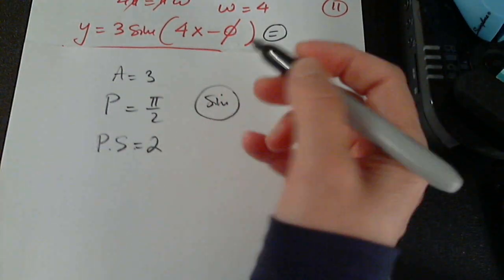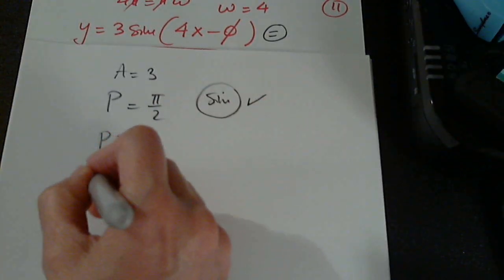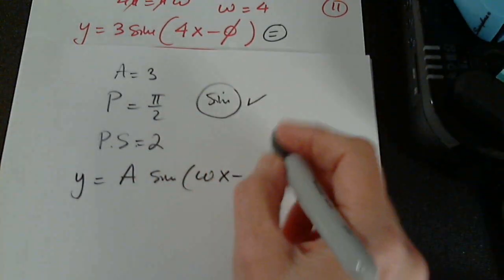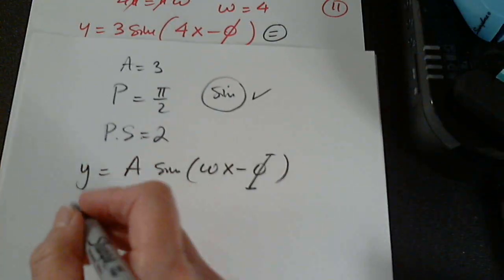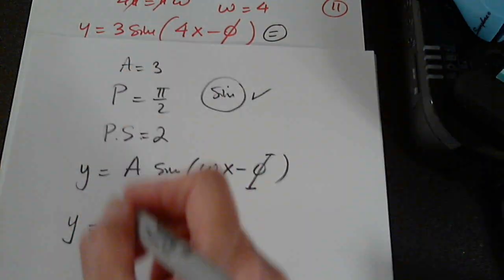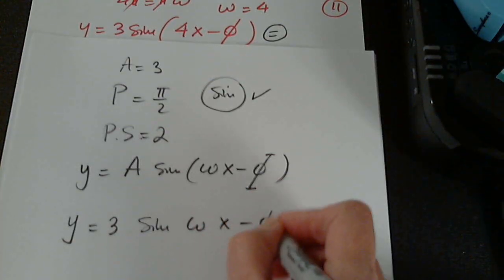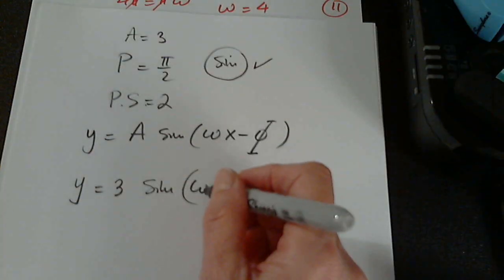But they are telling us it has to be sine. So then we know that y equals the amplitude times sine of omega x minus phi. So y equals 3 sine omega x minus phi. We have to determine omega.